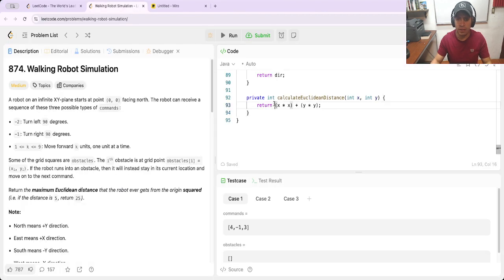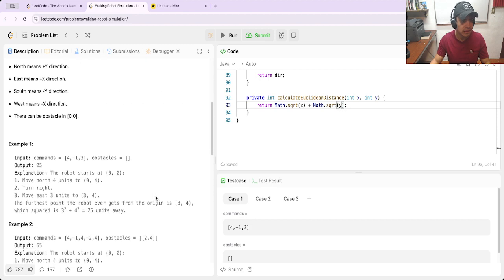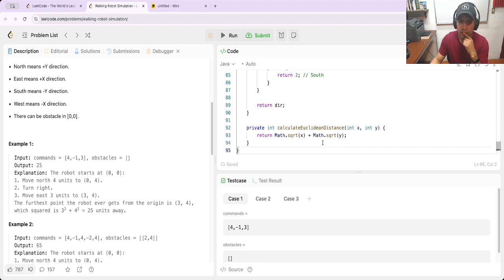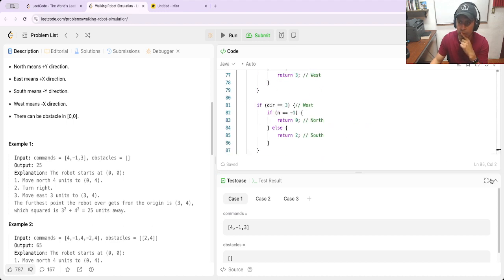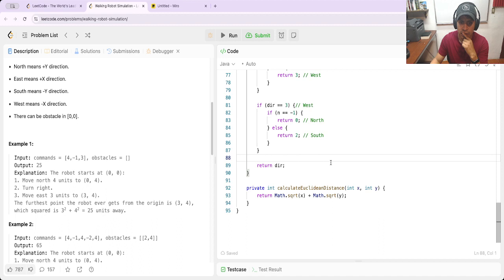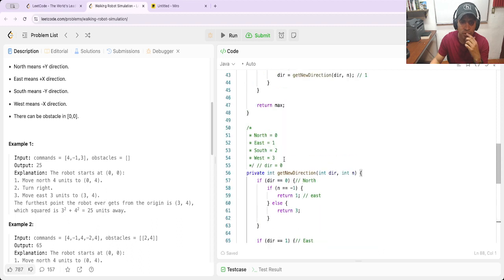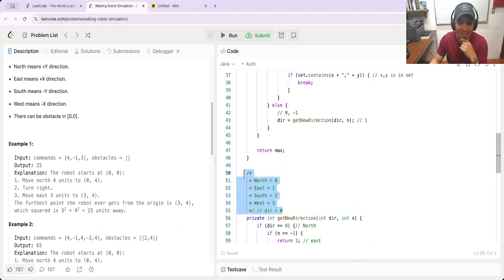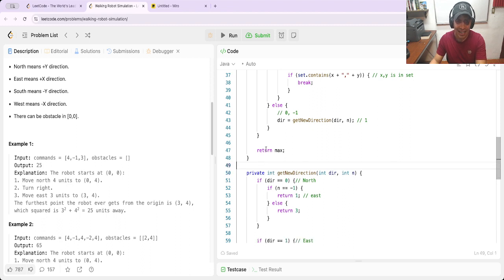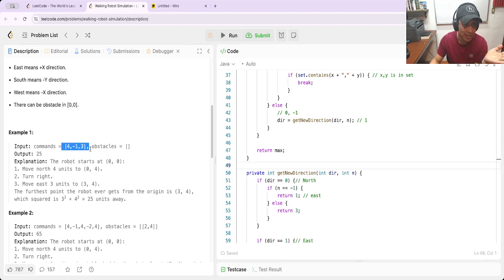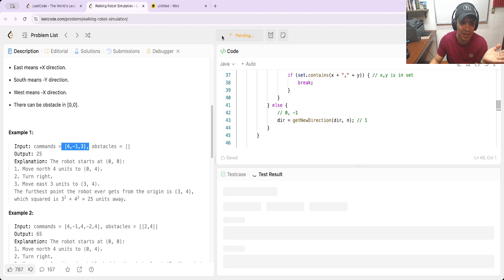Yeah, it's here, plus this. Okay. Now, why doesn't it work? I get this exception with this short test with no obstacle.